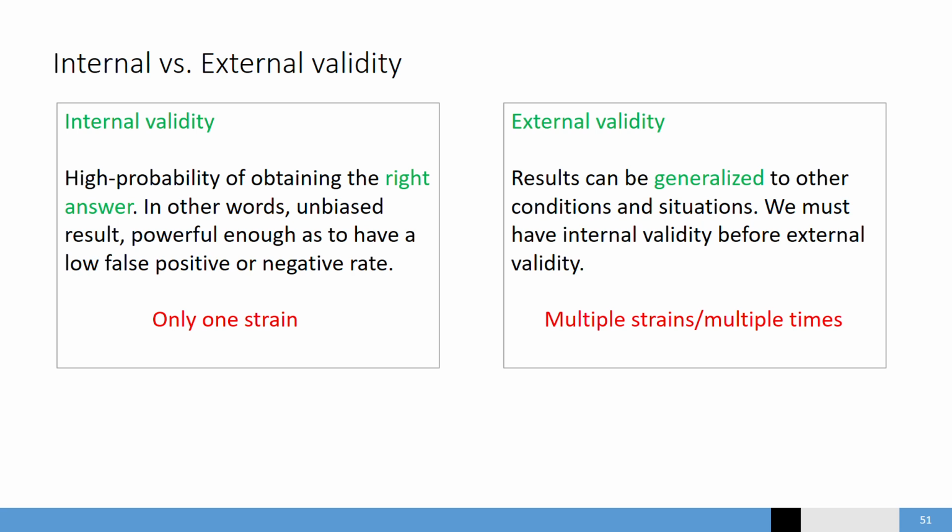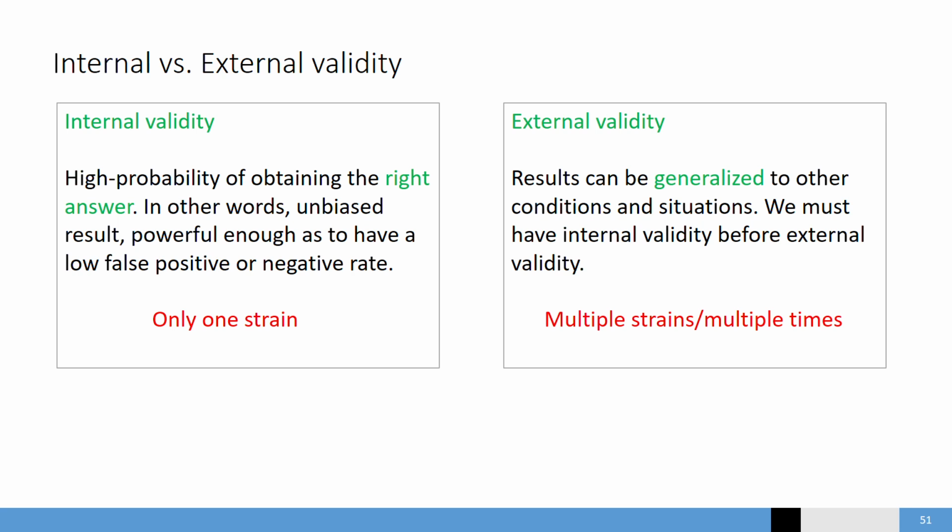So internal validity is good, and that is what we should always aim for in the lab. We should always try to design experiments that are reproducible, that we get the right answer in each one of them, that we don't have bias, and for the bias remember: control what you can, block what you cannot, and randomize the rest.